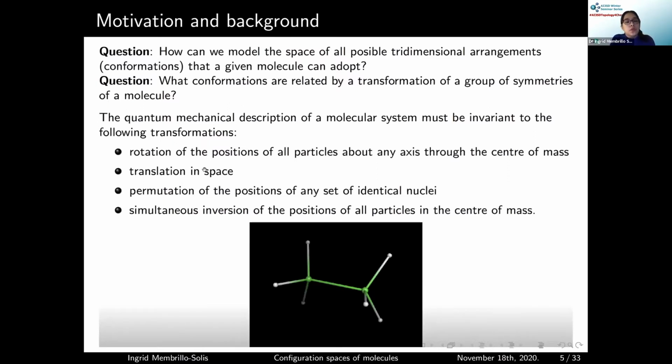Also, we need to get rid of translations because having a conformer at a particular point in space should be the same if we translate that conformation to another point. Another thing we need to consider is the permutation of the positions of any set of identical nuclei, and the simultaneous inversion of the positions of all particles in the center of mass. We are going to talk about this in more detail a few slides later.